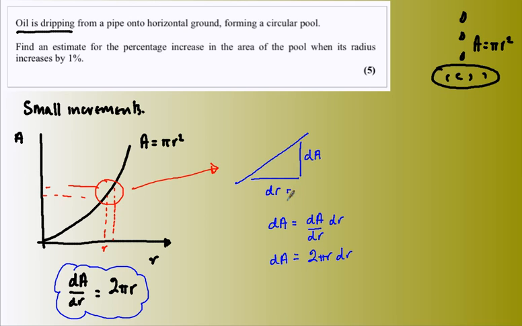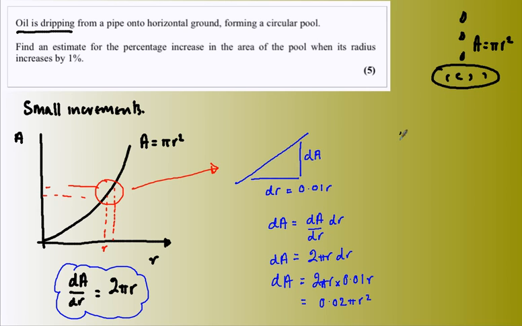dr, I'm told, increases by 1%, so it will be 0.01 of the radius, and so dA will be 2 pi r times 0.01 of r. In other words, 0.02 pi r squared.